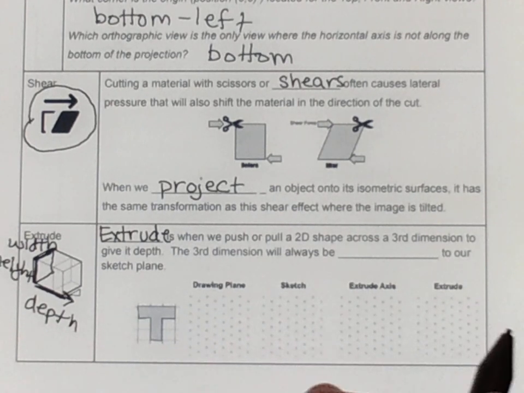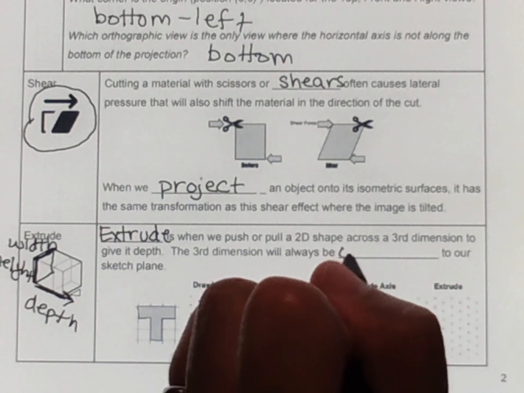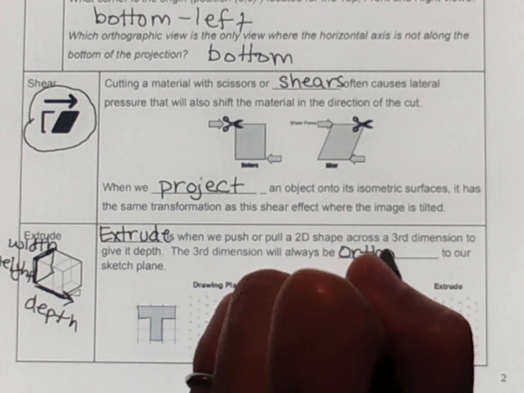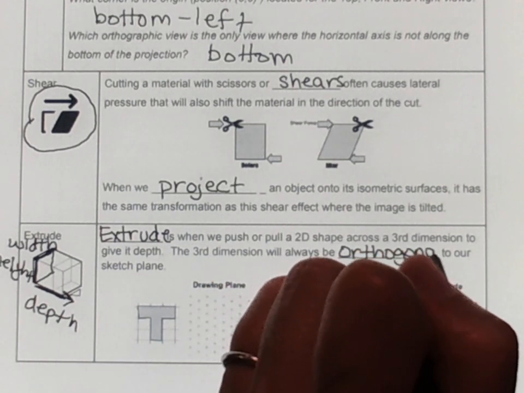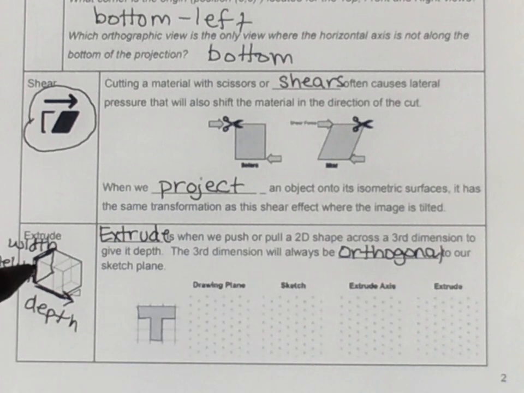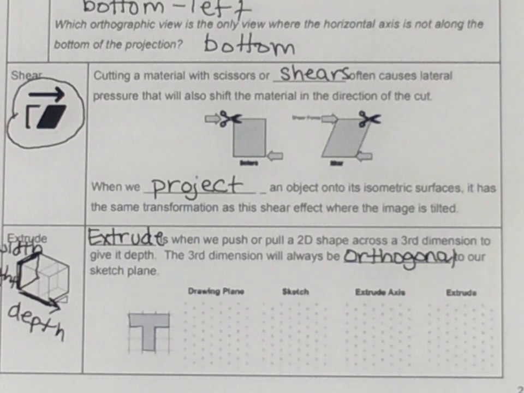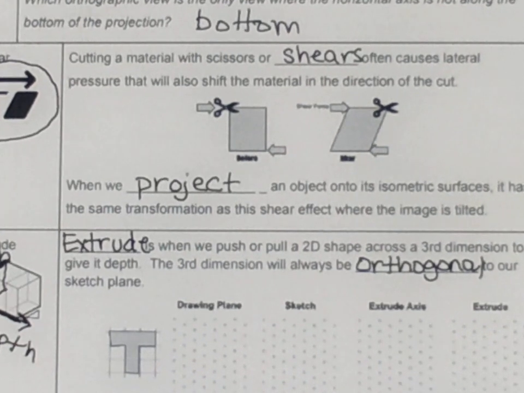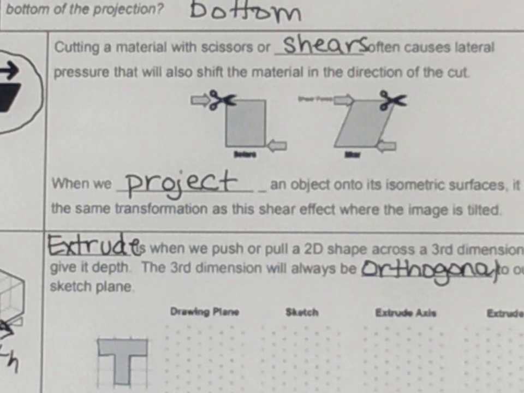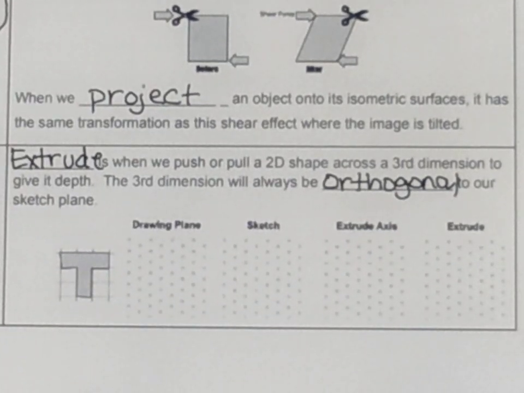Okay, so that third dimension will always be orthogonal to my sketch plane where my two-dimensional shape is drawn. So let's practice that. Okay, I didn't really specify what my drawing plane is, so let's just pick one.